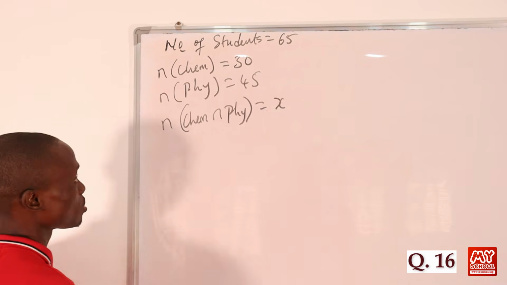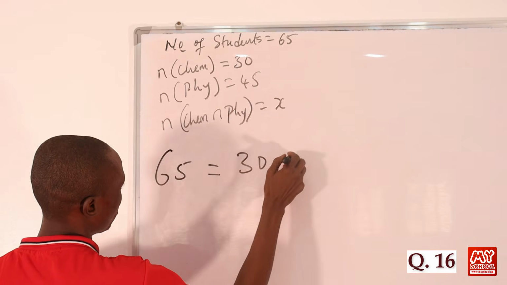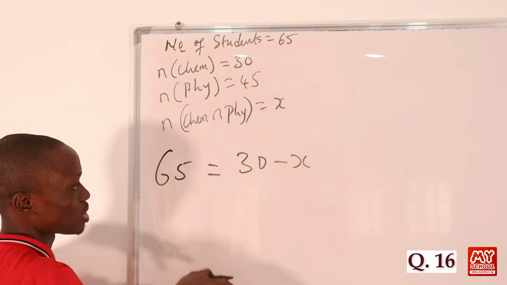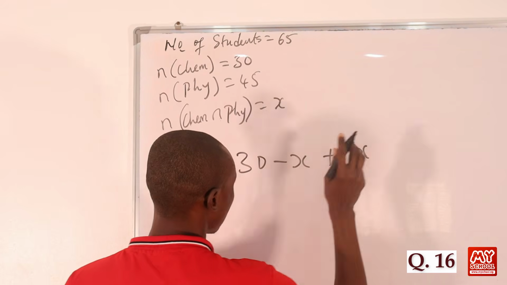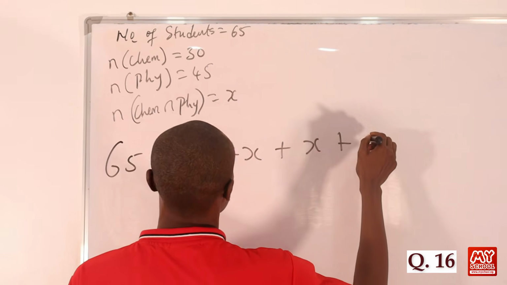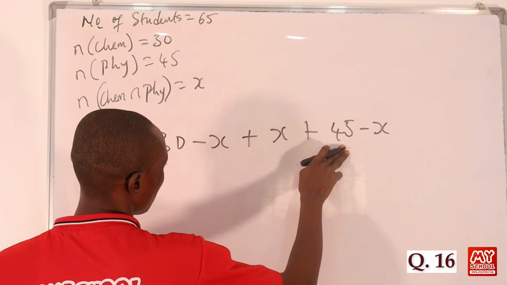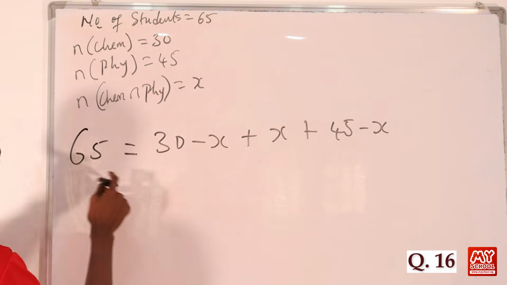So to do this, we go 65 is equal to 30 minus x. This 30 minus x here represents the number of students that offer chemistry only, plus x, the number of students that offer both, then plus 45 minus x, the number of students that offer physics only, and that will be equal to the total number of students in the class, right?